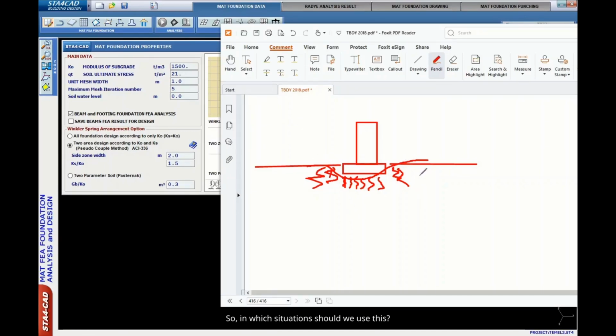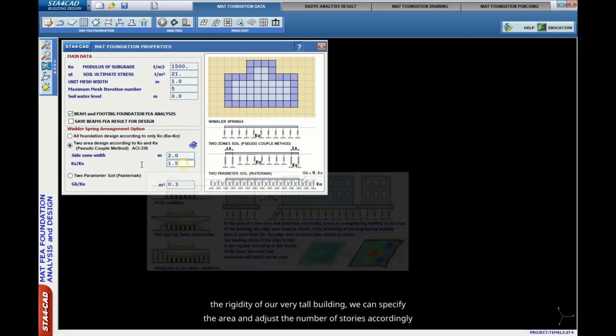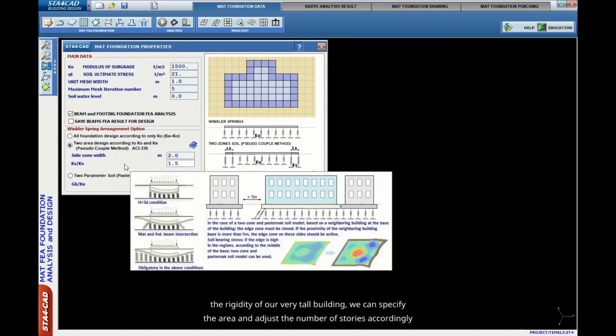So in which situations should we use this? If there is a building around our structure, there is a road, or if there is a situation that could affect the rigidity of our very tall building, we can specify the area and adjust the number of stories accordingly.